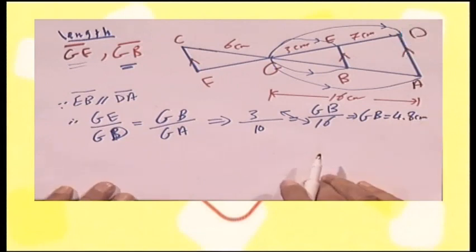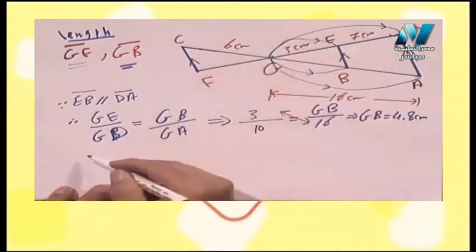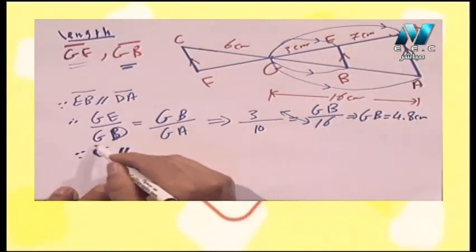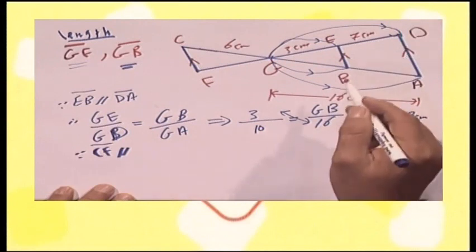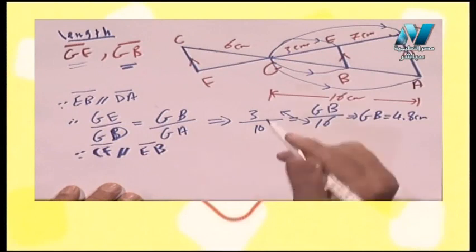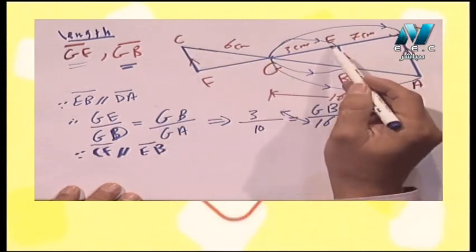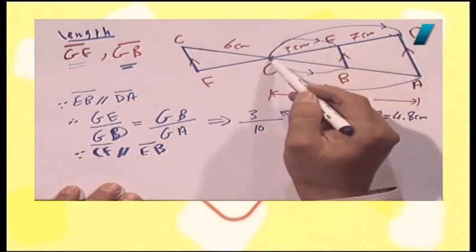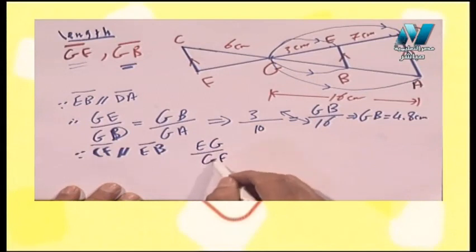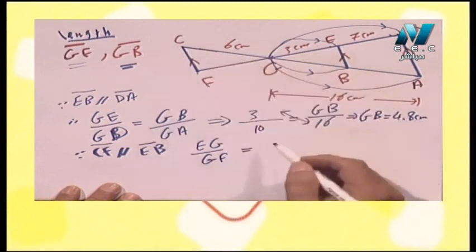And also we can use this part because CF parallel to EB, and we can start with this part. We can say EG over GF equal BG over GC.